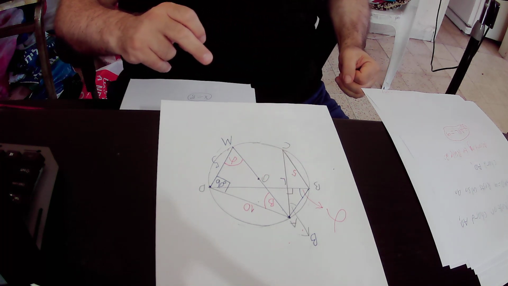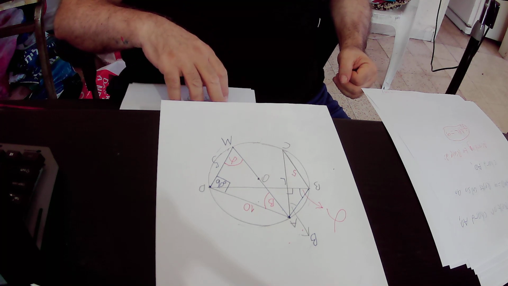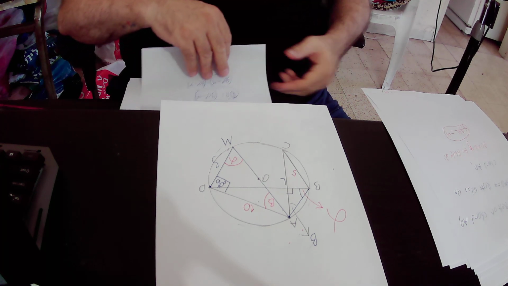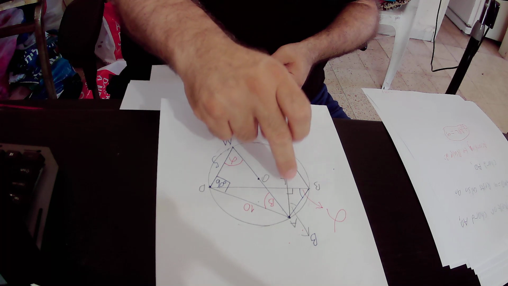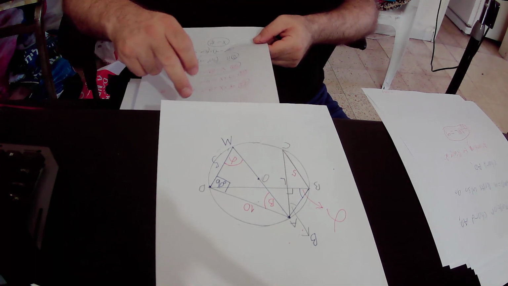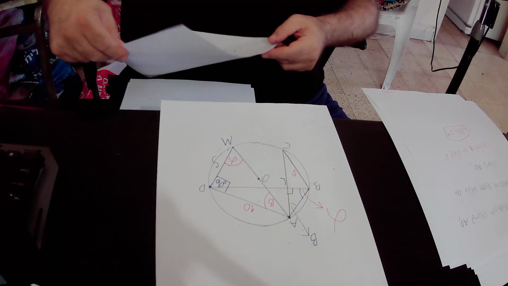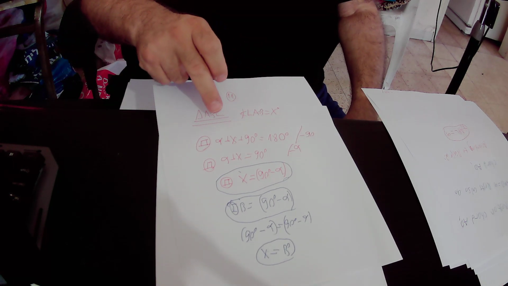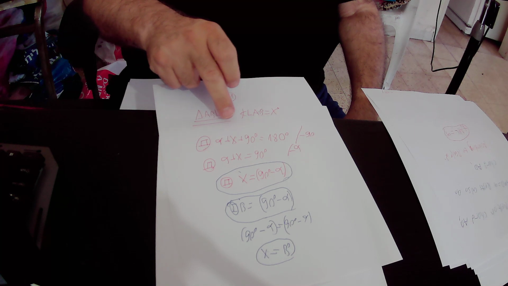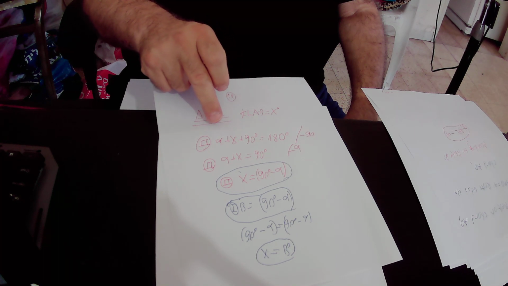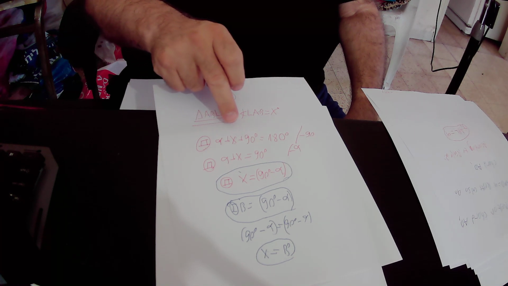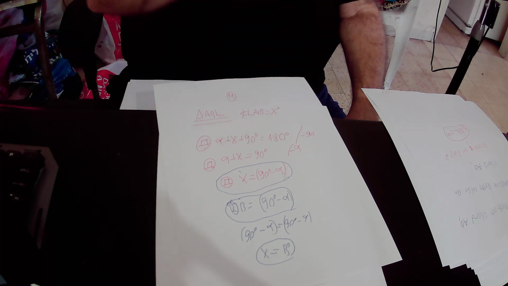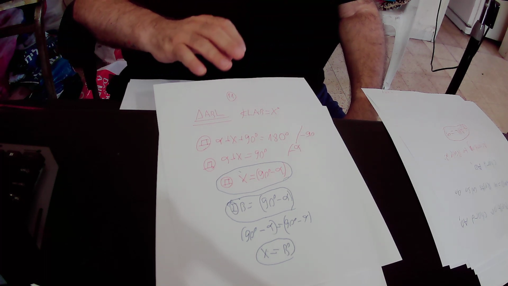For that reason, we can say that x plus alpha plus 90 degrees equals 180 degrees, and that was our second equation that states that the sum of the angles in the right triangle ABL equals 180 degrees, or alpha plus x plus 90 degrees equals 180 degrees.